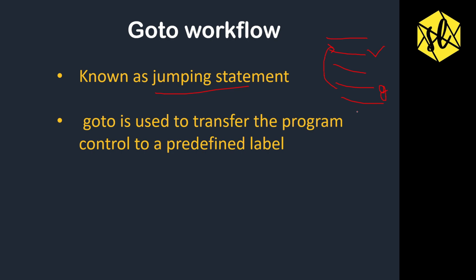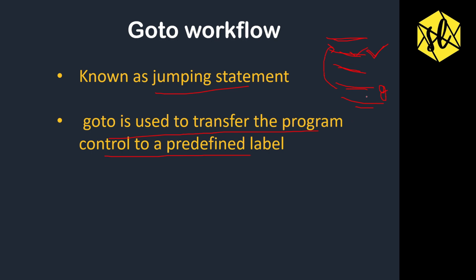We can also define goto as being used to transfer the program control to a predefined label. You see what we have discussed here? We have 5 statements, and we have said that in the second statement we have our label. In the goto statement, we have asked goto to move our program control to the predefined label, that is the second statement.